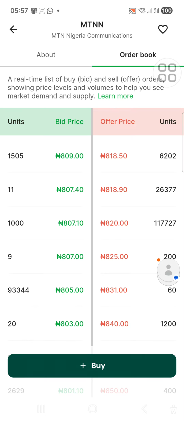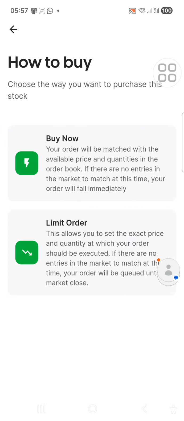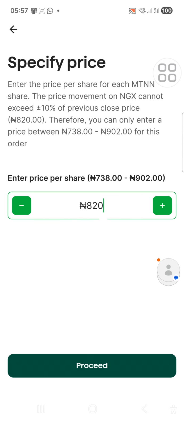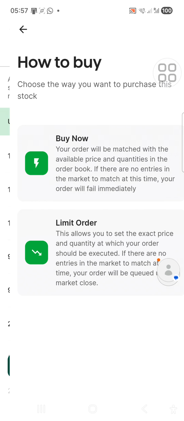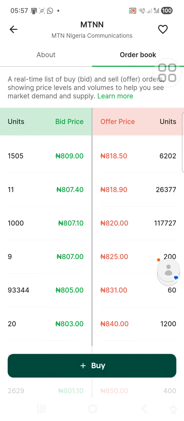So let's click on buy, and remember, you always need to click on limit order. So click on limit order and then put in the amount you want to buy, which is 818 naira 50 kobo. If you can't remember, you have to go back and check.